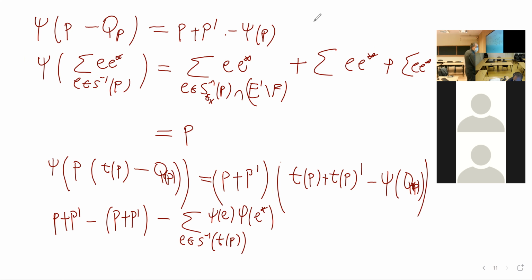And sorry, this is not minus. Wait a second. The psi of TP is, sorry, so here should be parentheses. Parentheses, and psi of TP is TP plus TP prime.